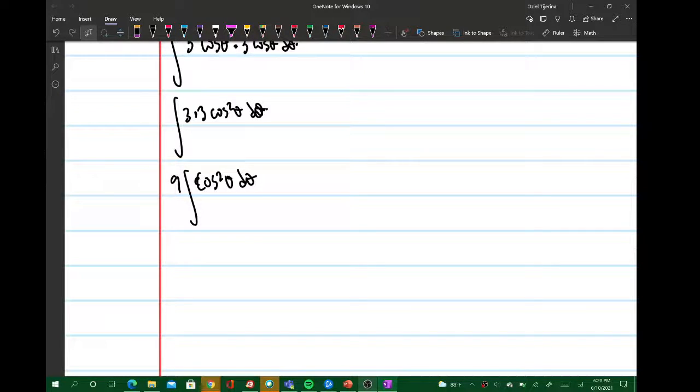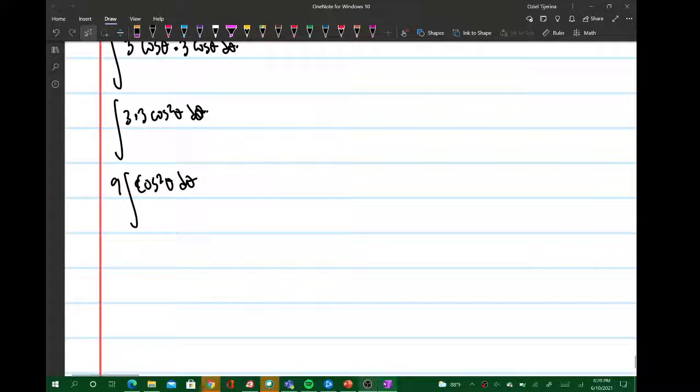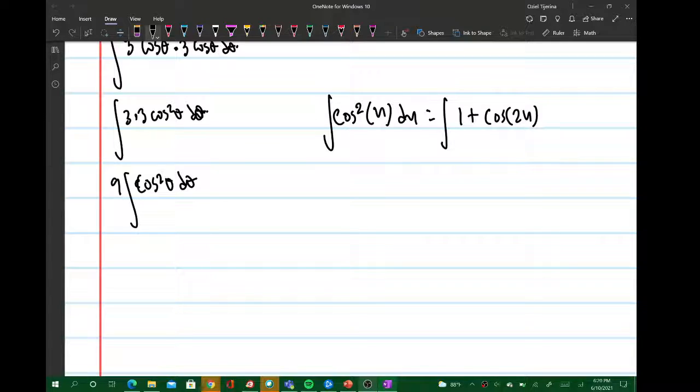So you're going to have to use this rule where they say that if you have, for example, cosine squared of u, the integral of cosine squared of u du is going to be equal to the integral of (1 plus cosine of 2u) over 2 du.